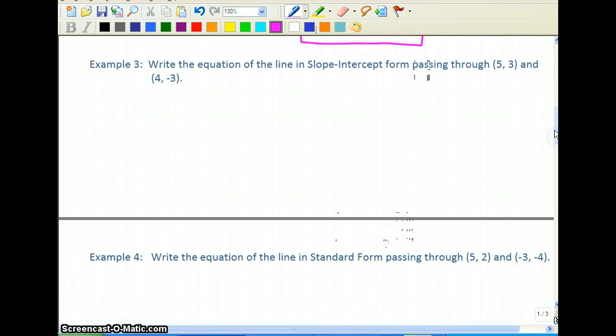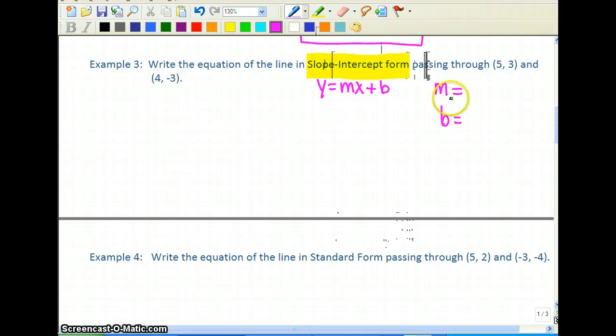Number 3, write the equation of the line in slope-intercept form. So y equals mx plus b. So we need to know what m is and what b is. All we were told is that the line goes through 5, 3, and 4, negative 3.